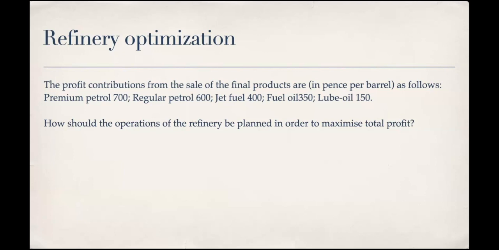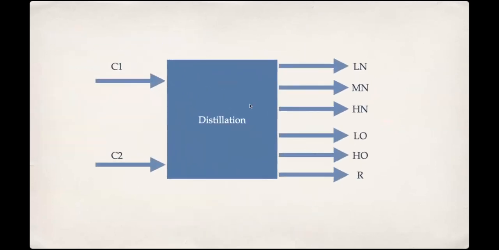Okay, I show you this. The distillation column is the gateway of this process, right? You design how much C1 and C2 to purchase each day, and you produce light naphtha, medium naphtha, heavy naphtha, light oil, heavy oil, and residue.